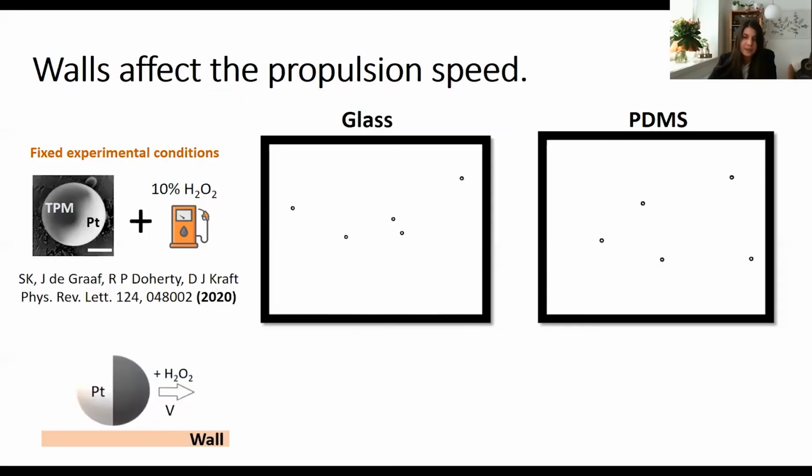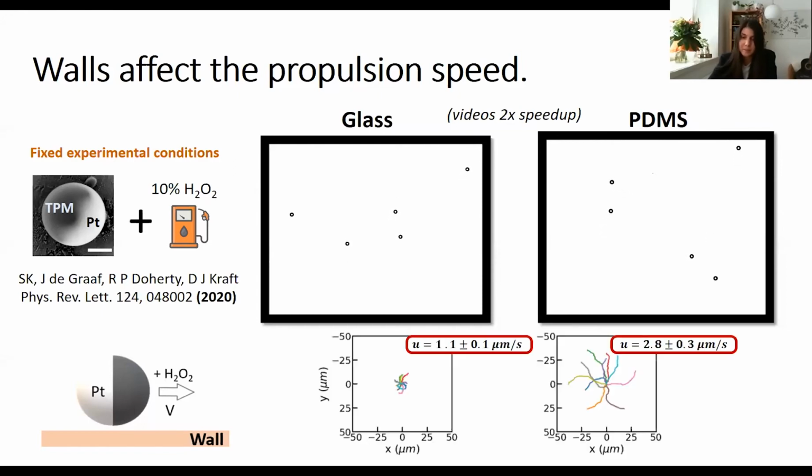Just to briefly show you this, because we already did it in our previous work: we took the same particles, fixed the experimental conditions, and only changed the wall in the experiment. And indeed, we found that the wall affects the speed of the particles.